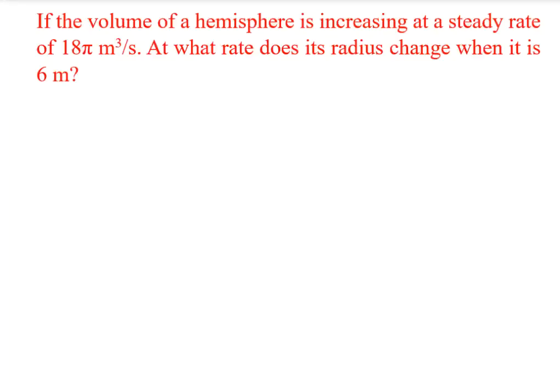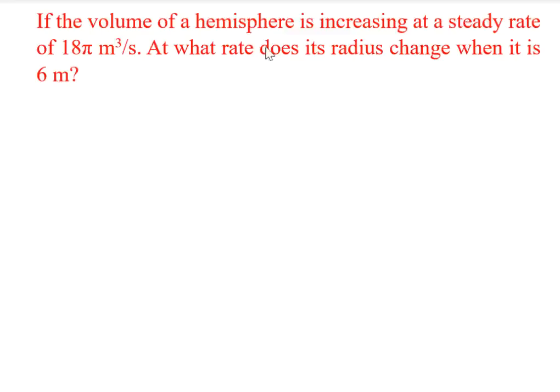Consider this example. The question says, if the volume of a hemisphere is increasing at a steady rate of 18 pi meter cube per second, at what rate does its radius change when it is 6 meters? So let's write down the parameters.